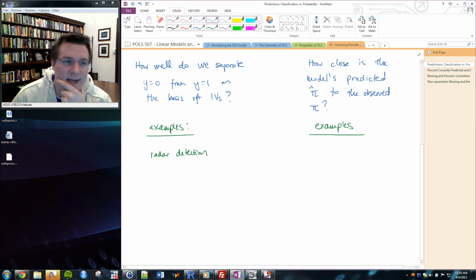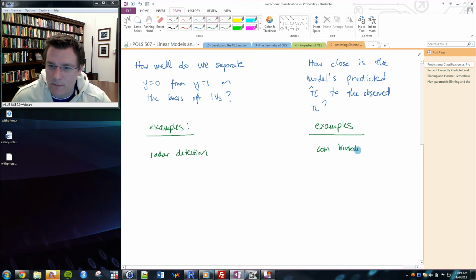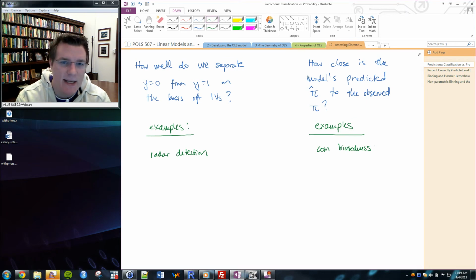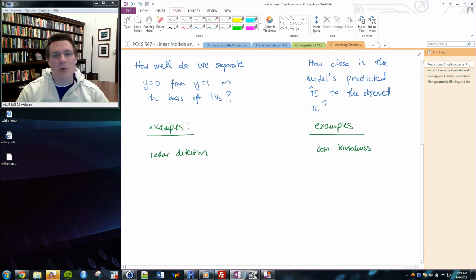On the other hand, there are clearly cases that are not classifiable. For example, coin biasness. If we're trying to model coin outcomes, right? So I'm trying to assess how biased a coin is. It doesn't make sense to assess the quality of that model on the basis of whether it can predict heads and tails with unfailing accuracy, because the underlying data generating process is not set up that way.